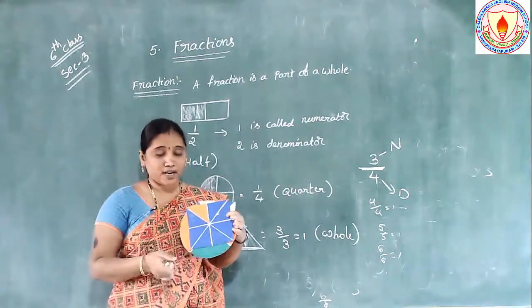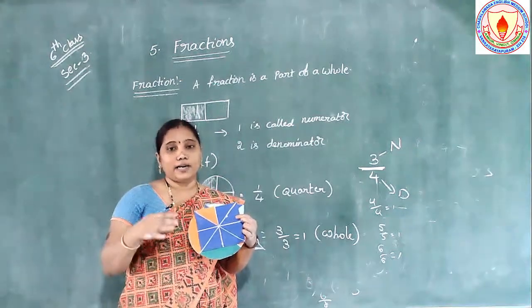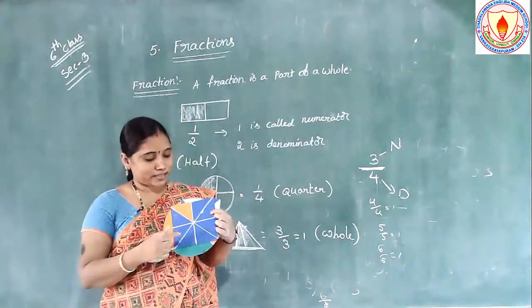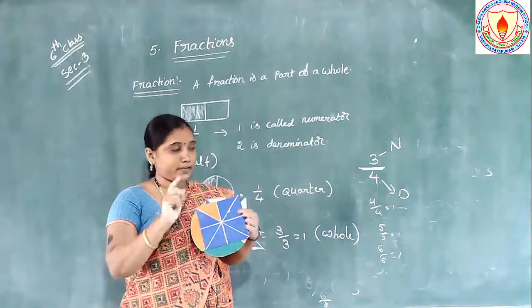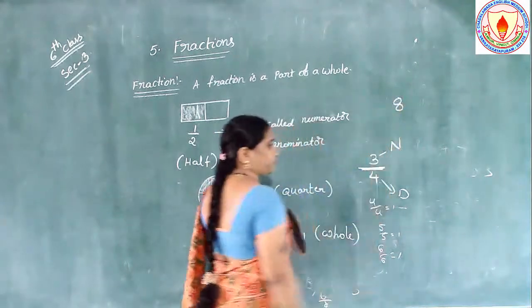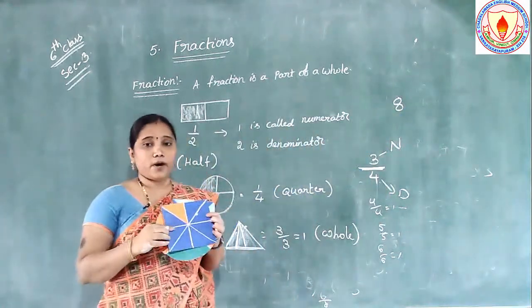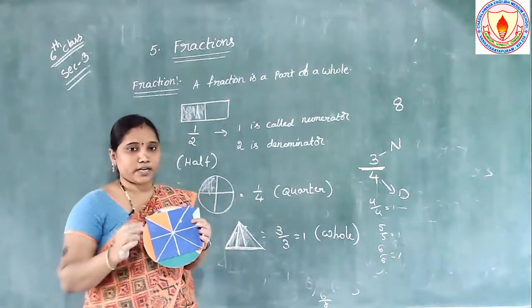Come to the next picture. Here, how many equal parts are shaded? First you have to identify how many parts it is divided into. Count: 1, 2, 3, 4, 5, 6, 7, 8 parts are divided here. Now how many parts are shaded orange? 1.